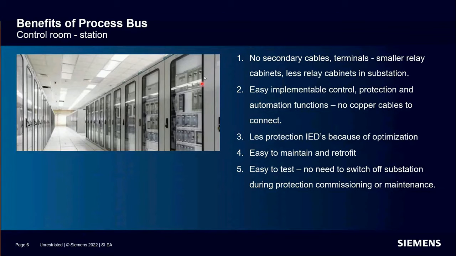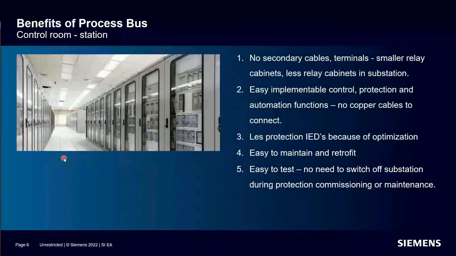So relay cabinets can be smaller, because protection relays don't have binary inputs, binary outputs or analog inputs. They are placed in the field, as all signals from the field to the control room are now transmitted via optical cables. Now we can also combine several bay protection relays in one cabinet because relays are smaller. We have much more space in relay cabinets.